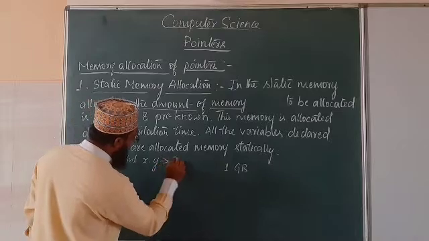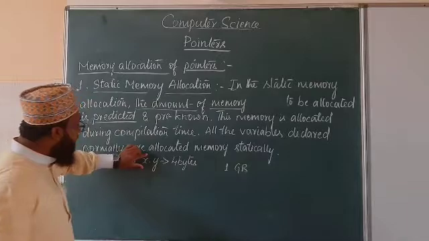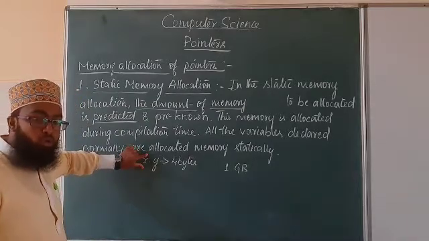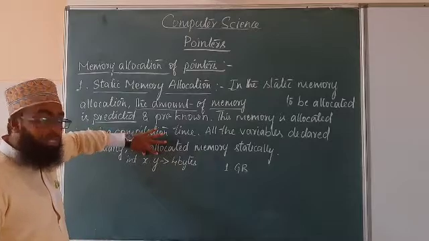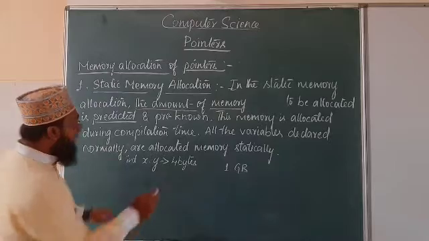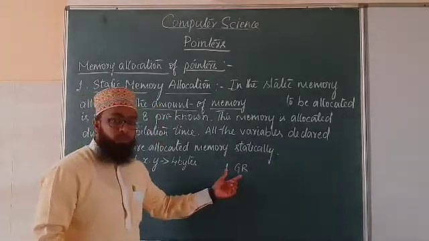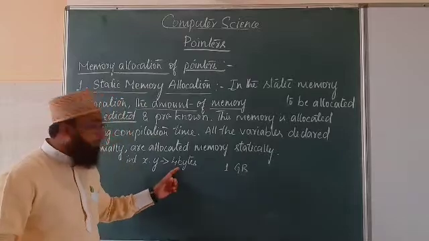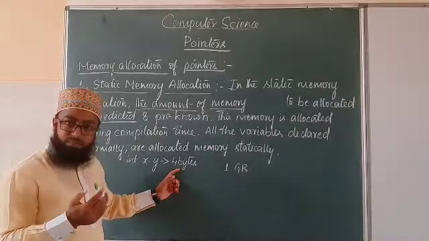Here memory required is 4 bytes because one integer variable can take 2 bytes, but here we are having 2 variables, so it will take 4 bytes of memory. This 4 bytes of memory is readily kept.